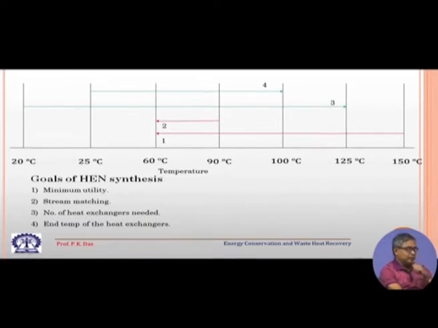So, you can see that the supply and target temperatures are different, and I have already told that the heat capacity rates are also different. And there is another thing which has been given in the problem statement, that is very important, that we have to maintain a pinch temperature of 20 degree Celsius.